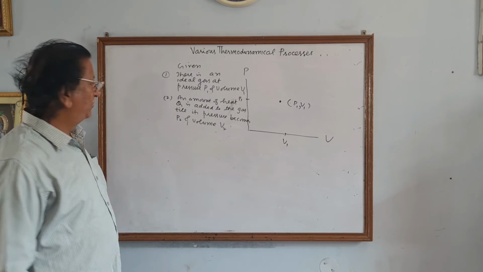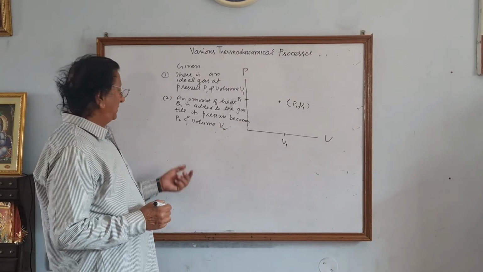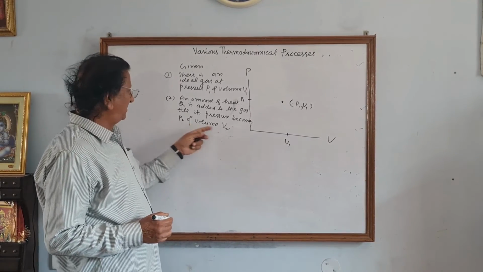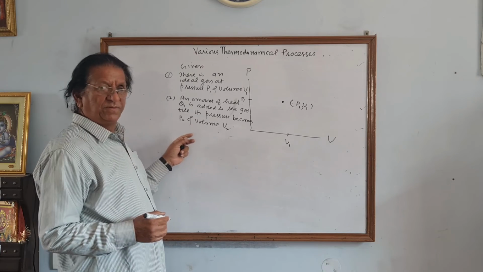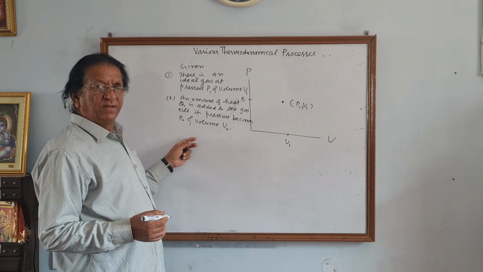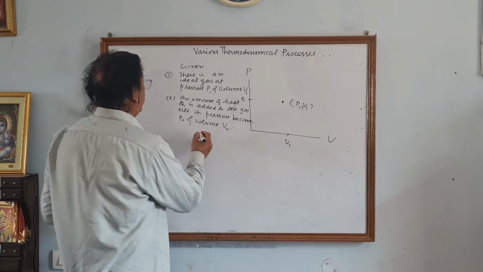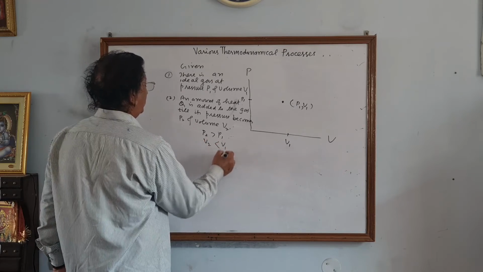So if pressure increases, volume will decrease. If you want to keep the temperature constant, on increasing pressure, volume will decrease. So let us suppose P2 is greater than P1, then V2 will be less than V1.